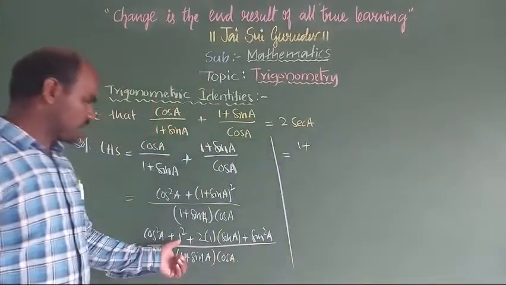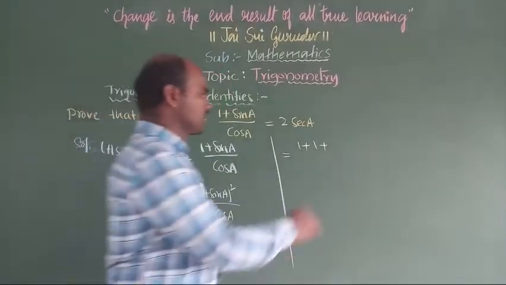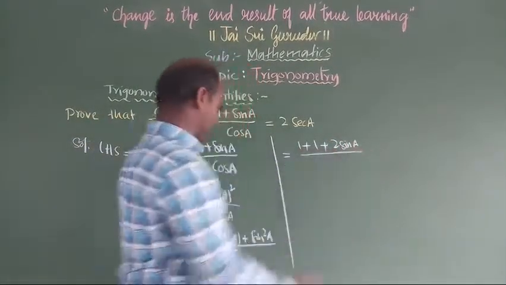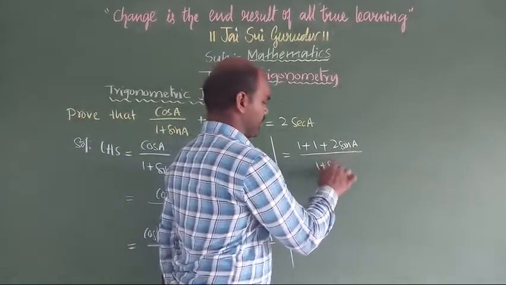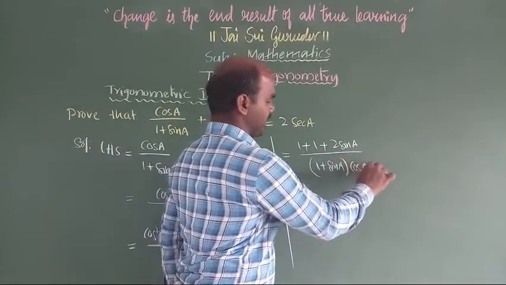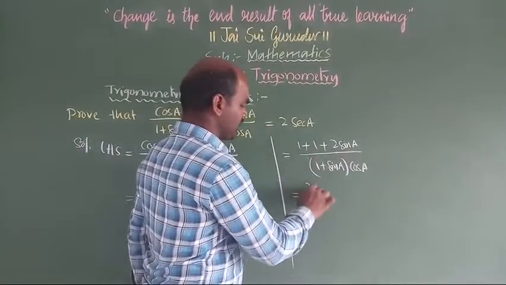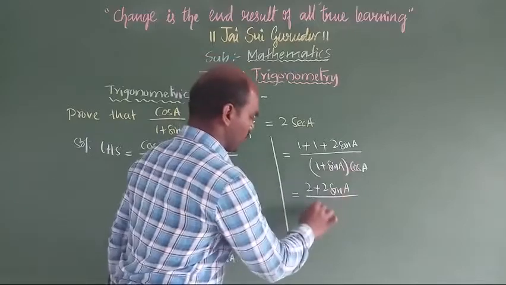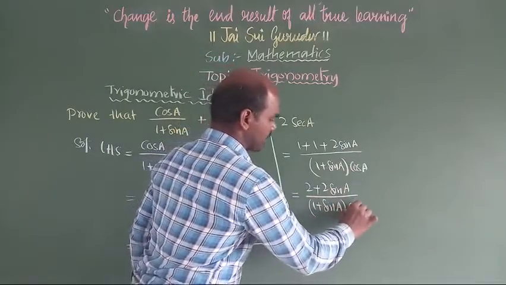Plus 1 square is 1, plus 2 ones are 2 sin A. So 2 sin A divided by 1 plus sin A into cos A. Yes or no, children? So then our LHS is 1 plus 1 is 2, plus 2 sin A divided by 1 plus sin A into cos A.